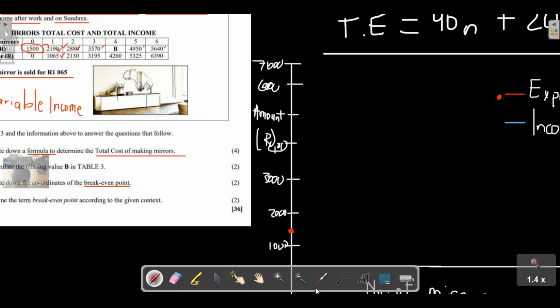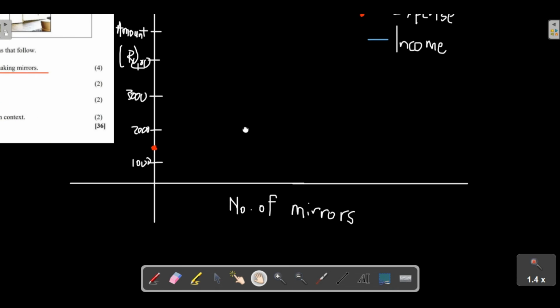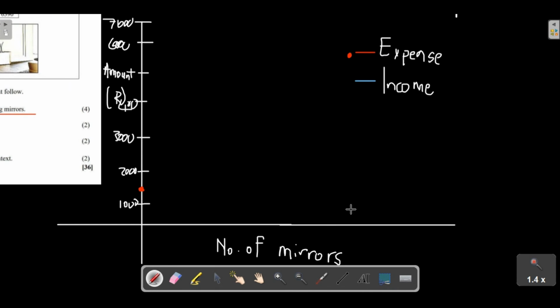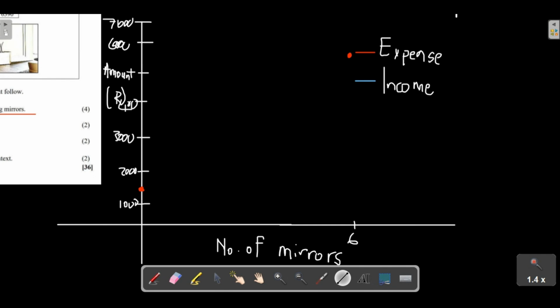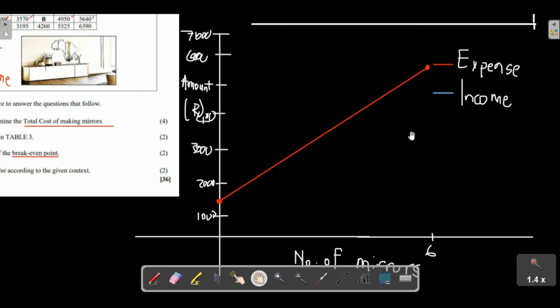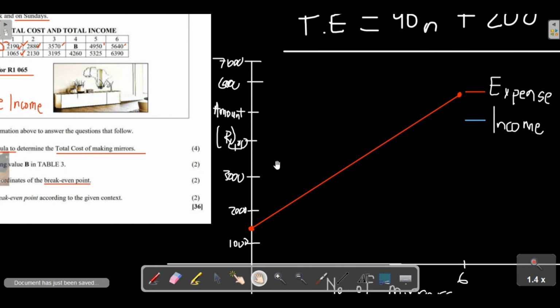So this is for 6 mirrors, and then we join these two points like that. There we go. So this is our expense graph or line graph.